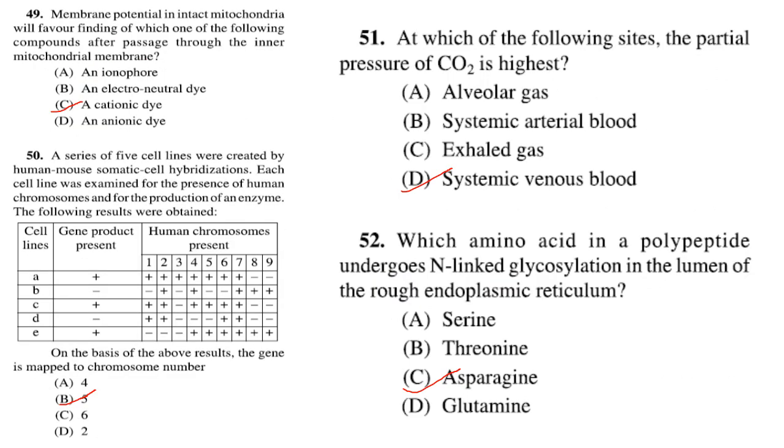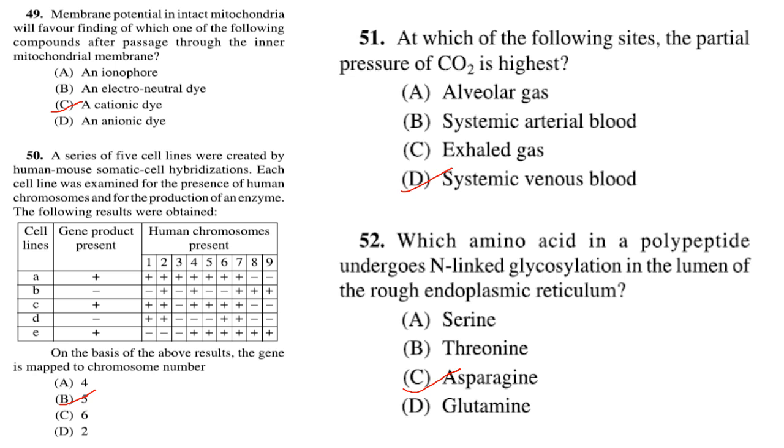Then next one. Membrane potential in intact mitochondria will favor binding of which one of the following compounds after passage through inner mitochondrial membrane? That is a cationic dye. Answer is option C. Then a series of 5 cell lines are created by human mouse somatic cell hybridization.